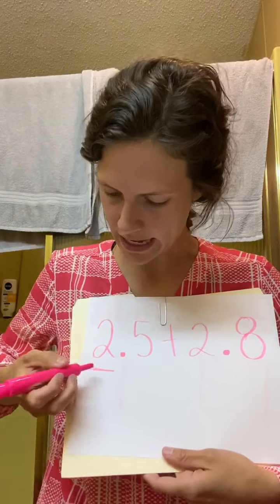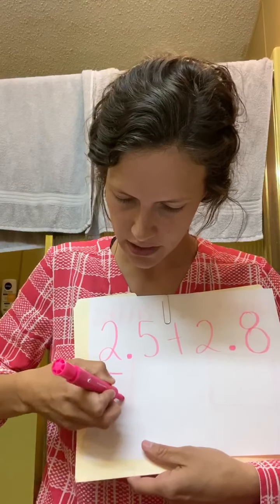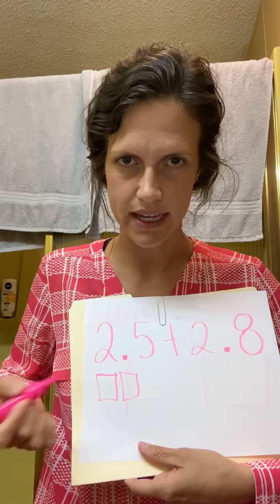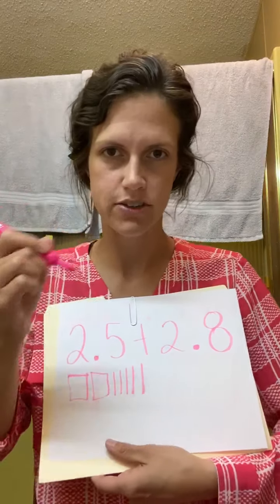So let's go ahead and write this out just in a small picture format. We've got 2 squares, 1, 2 to represent our ones place. And how many tenths? 5, right. Let's represent those by sticks. 1, 2, 3, 4, 5. Great job.